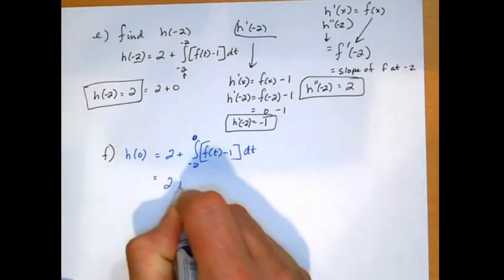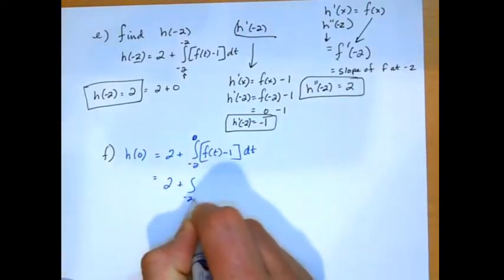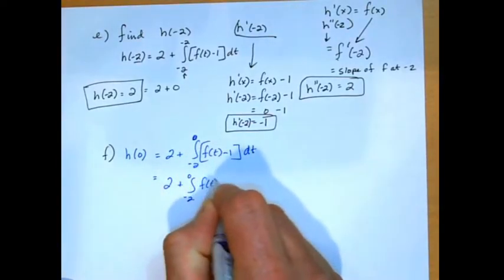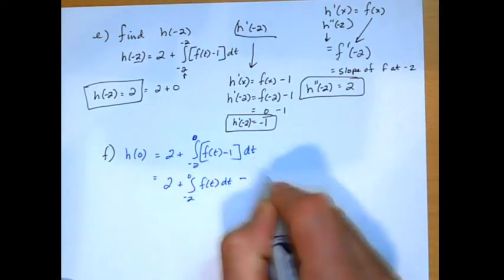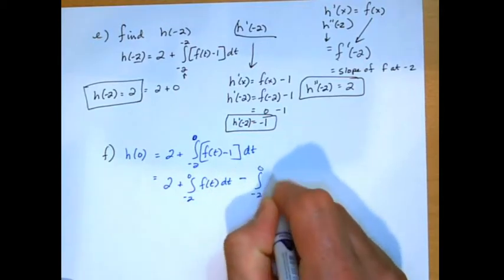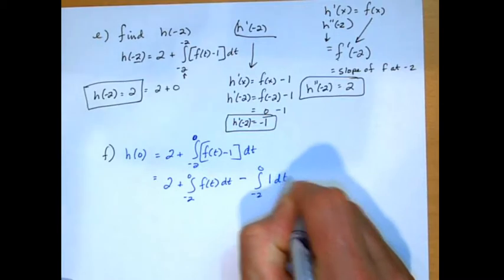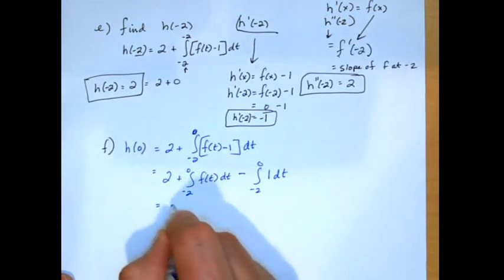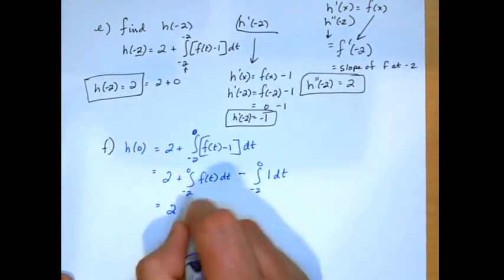So we have 2, and then the integral from negative 2 to 0 of f of t dt, minus the integral from negative 2 to 0 of 1 dt.